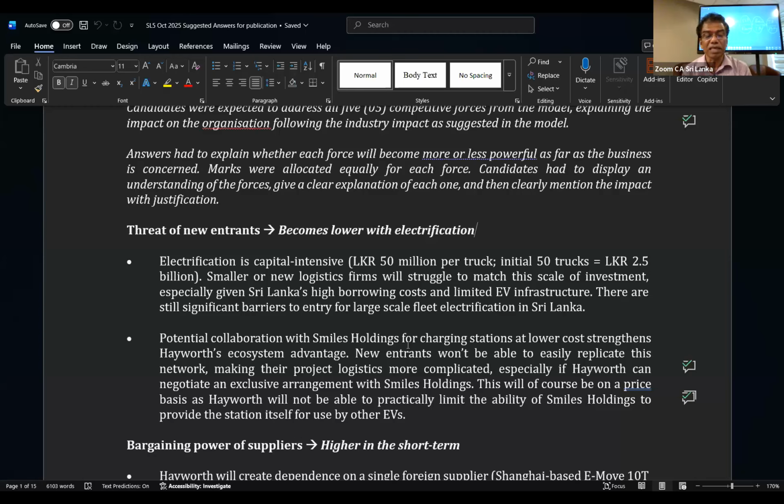If this capability is not available to any competitor or new entrant, it is difficult. So you understand that the threat of new entrants is very low.